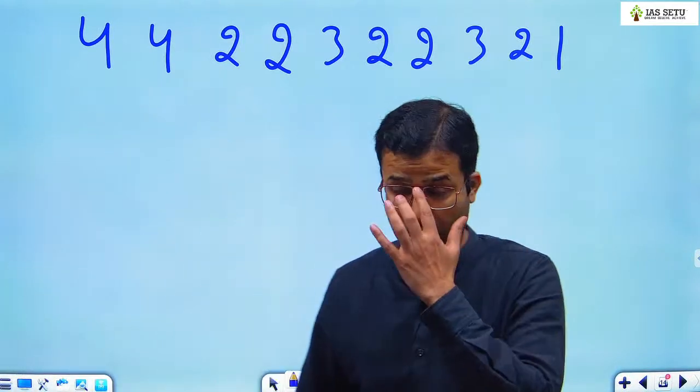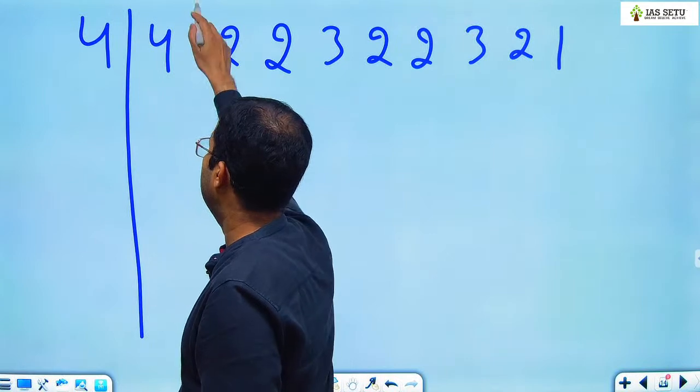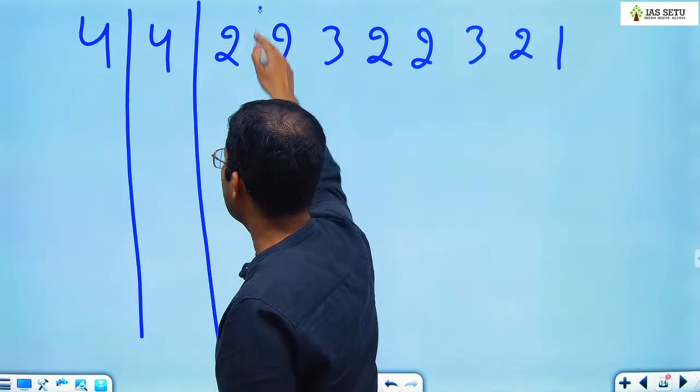4422232231. How it works, I tell you. So you just draw this column.